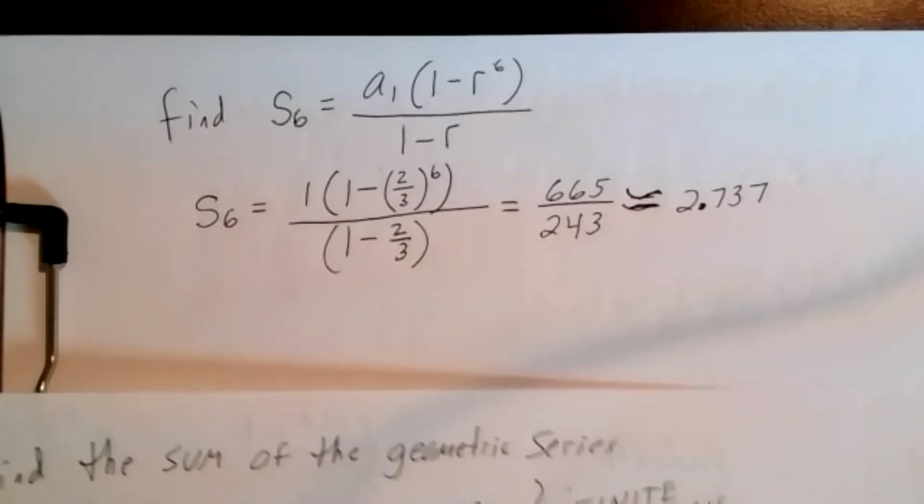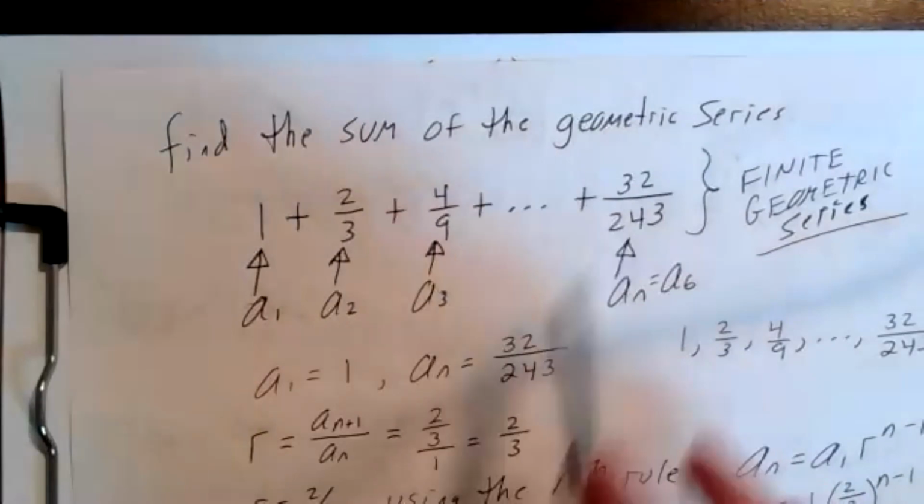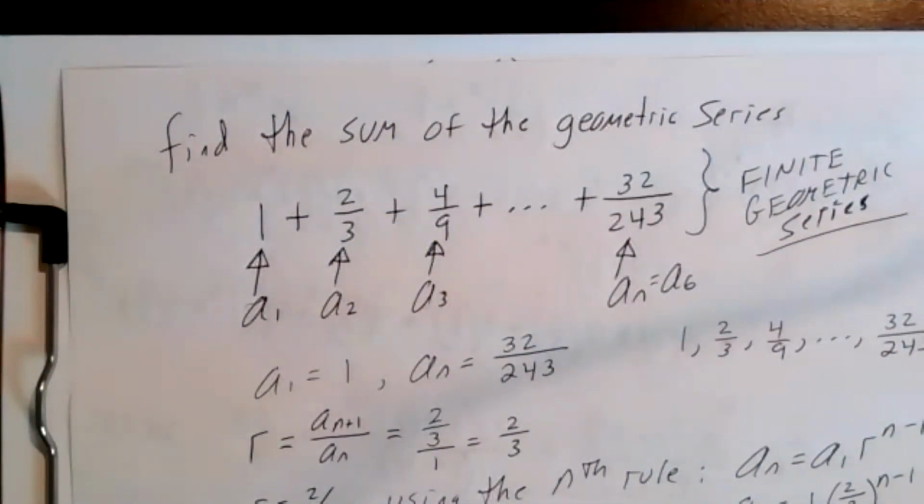Did that problem make any sense, ladies and gentlemen, how we evaluated this geometric series here? To recap, we had to find what term that last term was. We had to determine that it was a 6th term, because otherwise you don't know how many terms you're adding together. You could be adding 10 terms together, or 100 terms, 1,000 terms, I don't know.